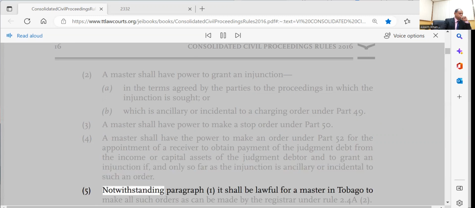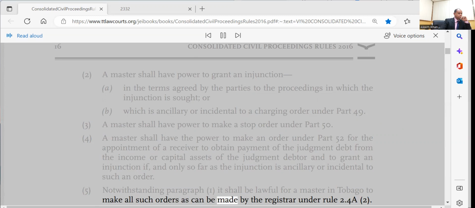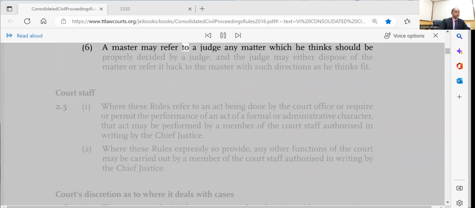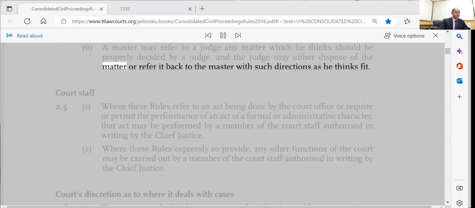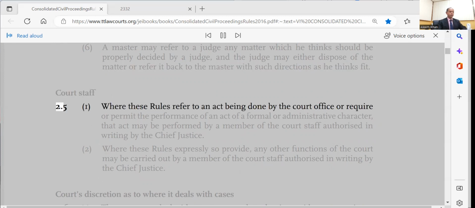5. Notwithstanding paragraph 1, it shall be lawful for a master in Tobago to make all such orders as can be made by the registrar under Rule 2.4a.2. 6. A master may refer to a judge any matter which he thinks should be properly decided by a judge, and the judge may either dispose of the matter or refer it back to the master with such directions as he thinks fit. Court Staff 2.5. 1.